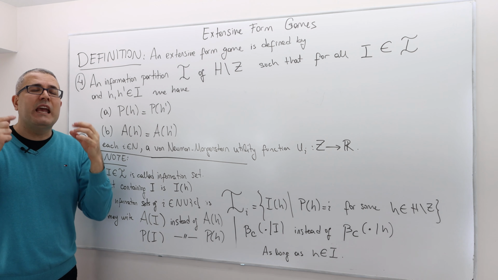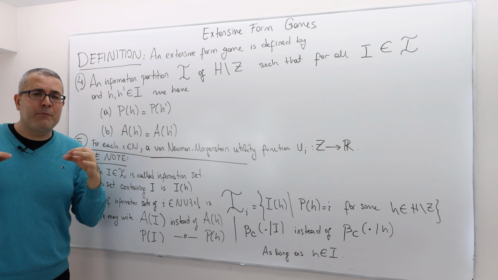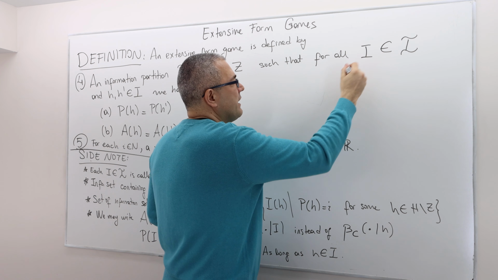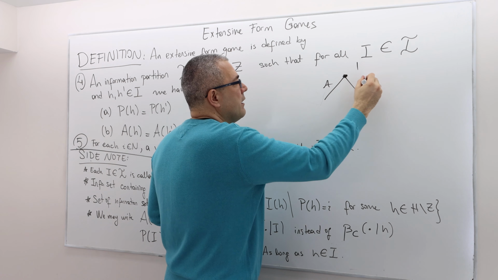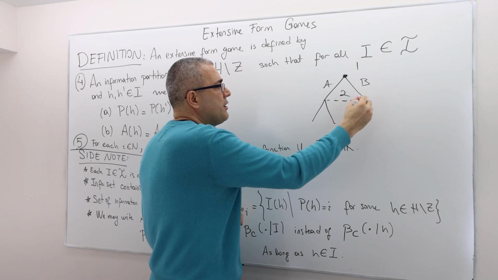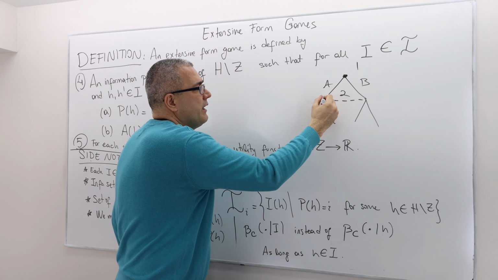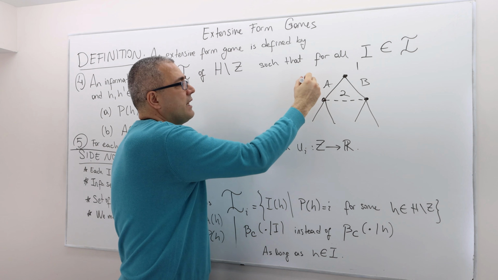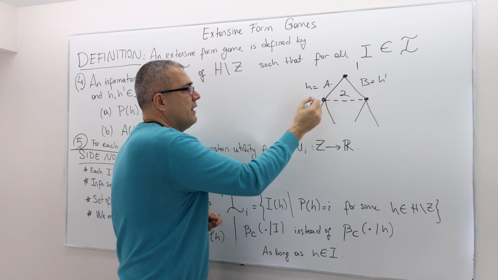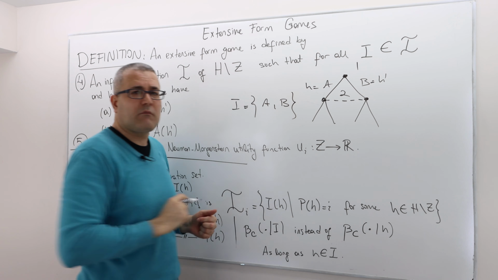Second, the available actions after any two histories that end up at the same info set cannot be different. Let's give an example. Player 1 is making a move, A or B, and then player 2 cannot distinguish. So this is her information set, and now she's going to make a move. This is one history, this is another history, like H and H prime. They are both in the same info set. So this is basically I, which is {A, B}.